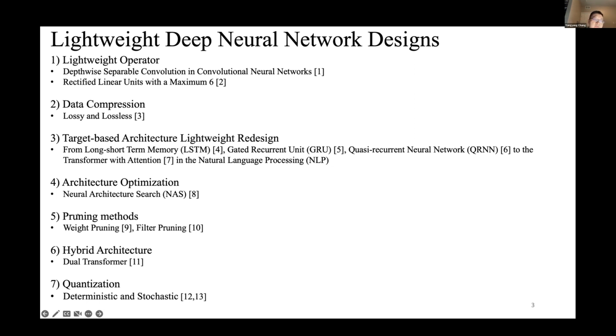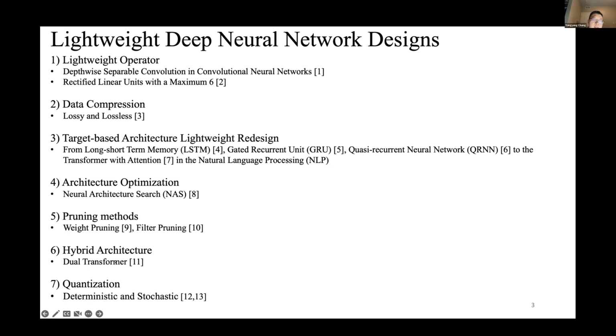The fifth factor is called the pruning method. This is called weight pruning or filter pruning. Weight pruning is where you want to remove weights or remove some redundant kernels, also called filters. And the sixth factor is called hybrid architecture.